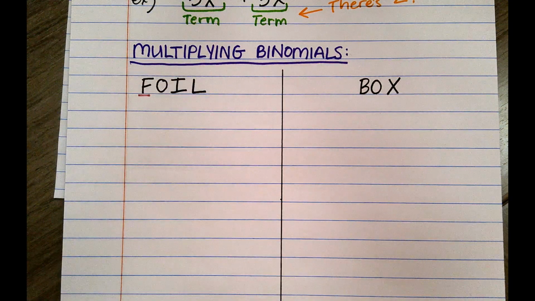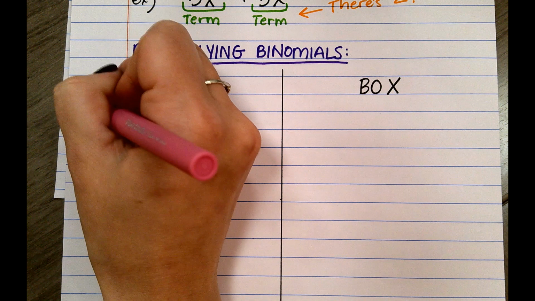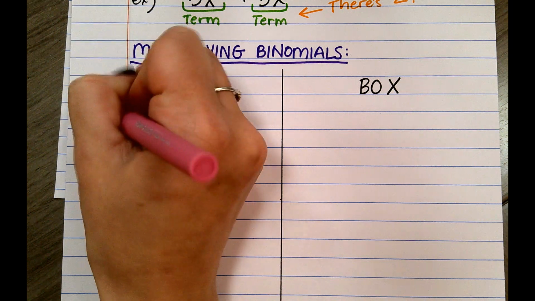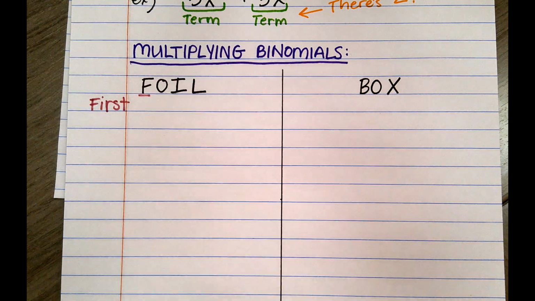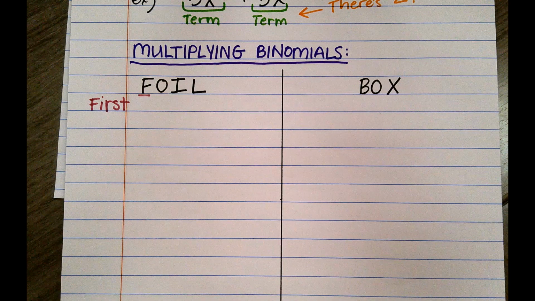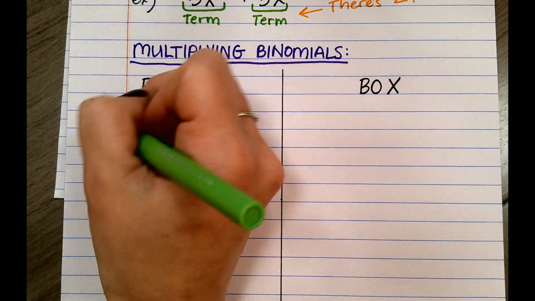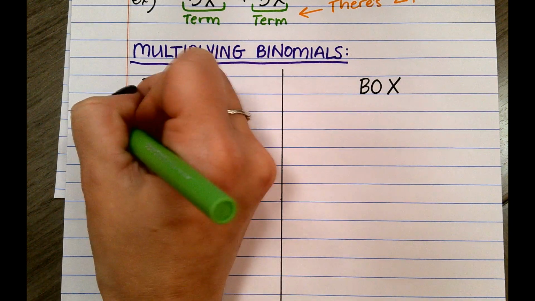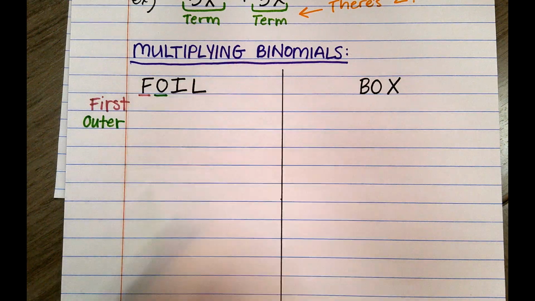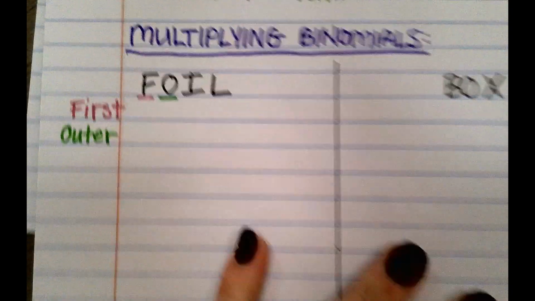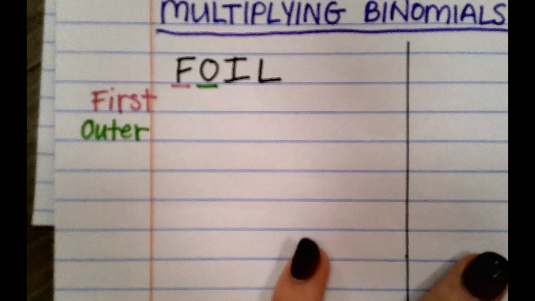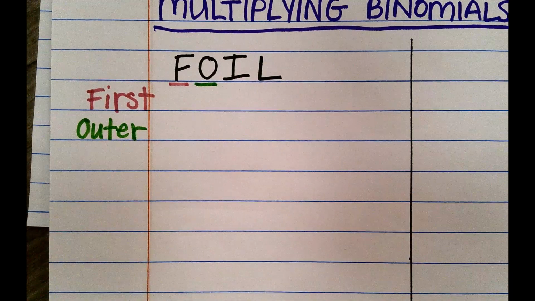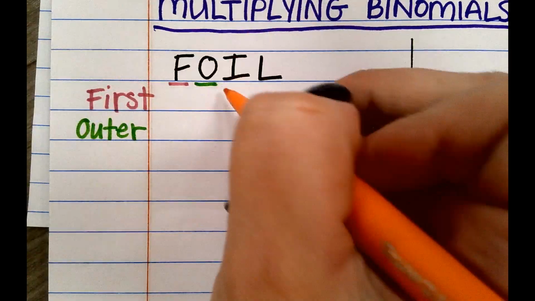Okay, first. The O is for outer. This will make much more sense when I give you an example. Let me zoom in. First, outer, I for inner.